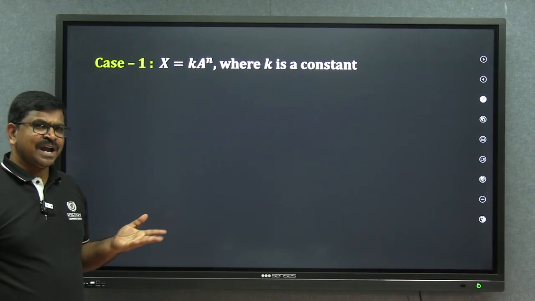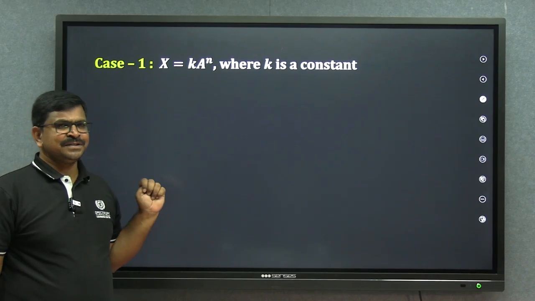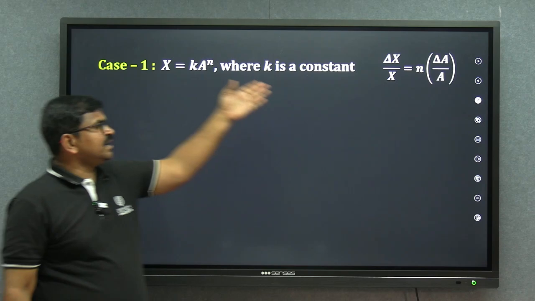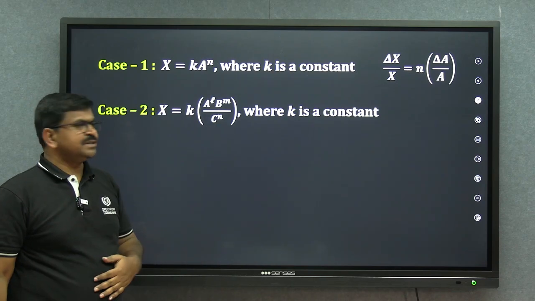In multiplication, either relative error is added or percentage error is added. So I can get delta x by x equal to n times delta a by a, or percentage delta x equal to n times percentage a.